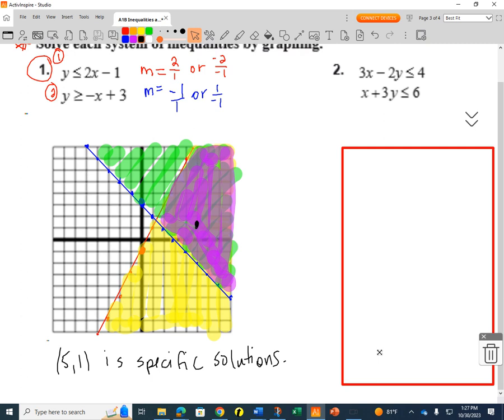Go ahead and write example 2. 3x minus 2y is less than or equal to 4. x plus 3y is less than or equal to 6. We can never graph an inequality unless it's solved for y, unless the y is isolated by itself, because sometimes it's going to split that inequality.